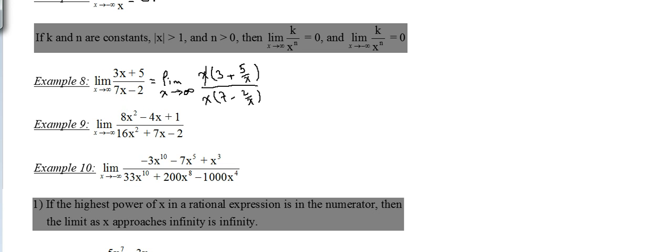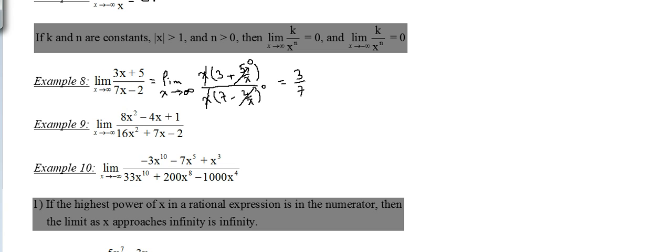When we simplify, x over x becomes 1. When we substitute infinity, 5 over x, since x tends to infinity, 5 over infinity is 0, and minus 2 over infinity is also 0, and what is left is 3 over 7.